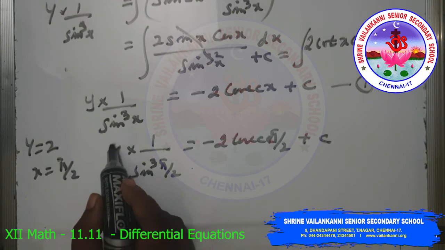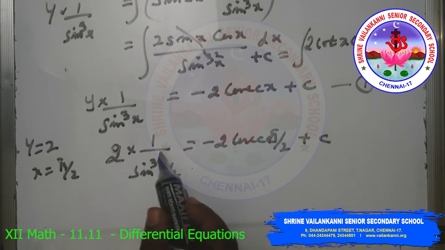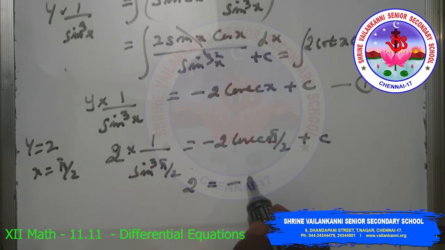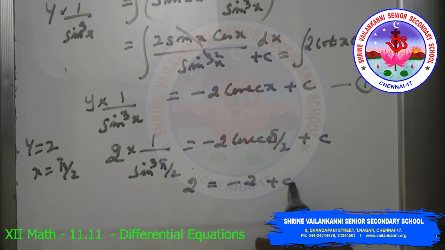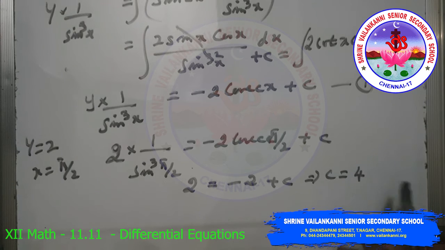So y is 2. So 2 by sin cube pi by 2, which is 1, 2 by 1. So 2 equal to minus 2 plus c. c equal to 4.